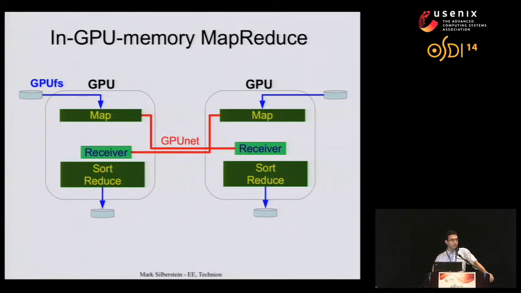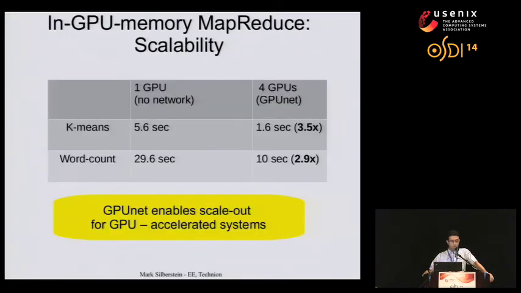It basically sends the data directly to the receiver in another GPU. We were primarily concerned with the scalability of our system, and we implemented two classic workloads, k-means and word count. We ran them on a single GPU without any network support, and on 4 GPUs using GPUnet. All those GPUs are located in different machines, and they use GPUnet to communicate over InfiniBand.